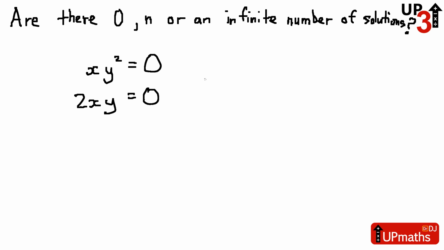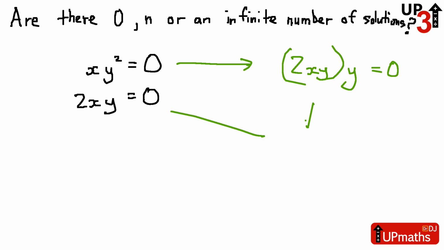Are there 0, n, or an infinite number of solutions? I'm going to rearrange that to say 2xy times y equals 0, which means I can then sub these in, which means that 0 times y equals 0. Well, guess what?